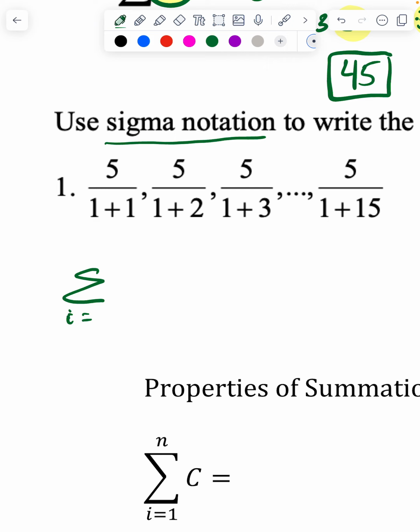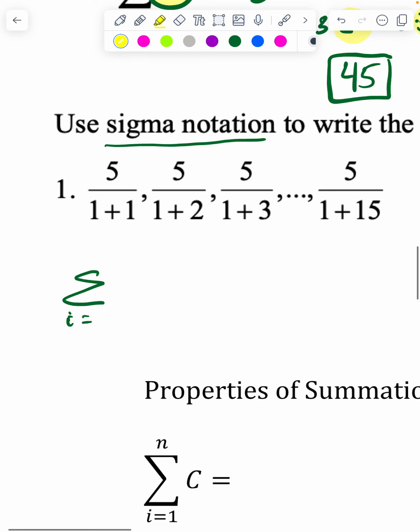Here's what I do. I look at each of the terms they gave me. They all have 5 on top. They all start with 1 plus, and then the only thing changing is this. Keep in mind that this is my first term, second term, third term, and this must be my 15th, because all they're doing is putting the term number in for that second spot.